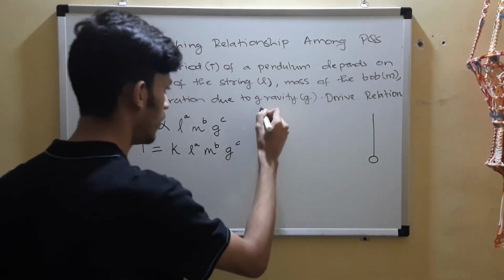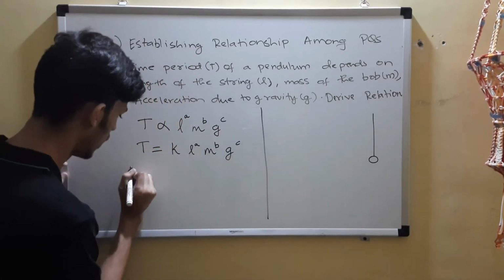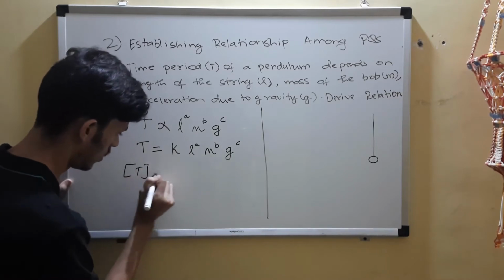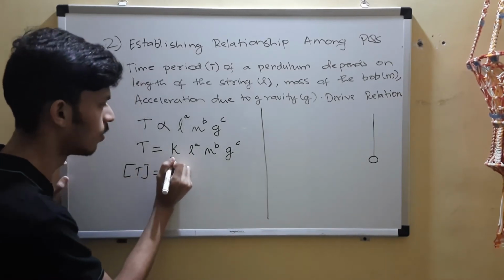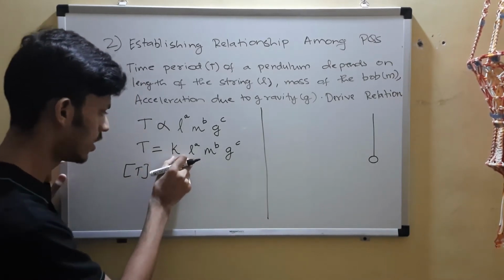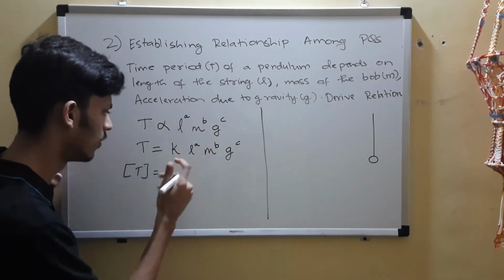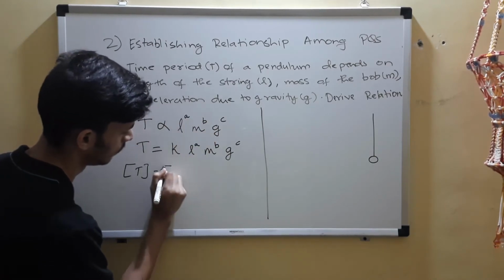Now let's take dimensions on both sides. This is a constant, so it's a dimensionless constant and it will drop off.